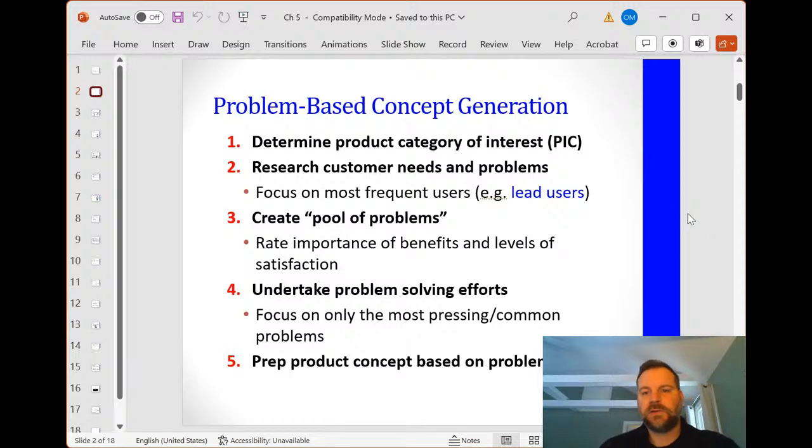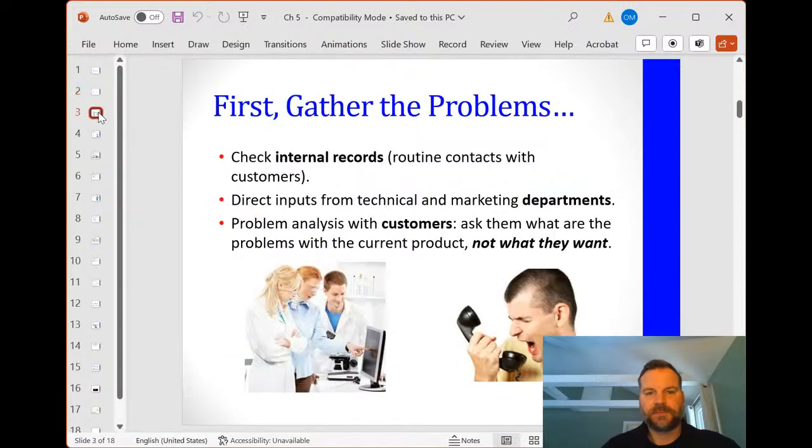We talked about lead users last class, and they're really a great source for coming up with realistic problems. Three, you create a pool of problems, and you rate the importance of benefits and levels of satisfaction. Four, you undertake problem-solving efforts, focusing on the most pressing problems. And five, you prepare product concepts based on problem solutions.